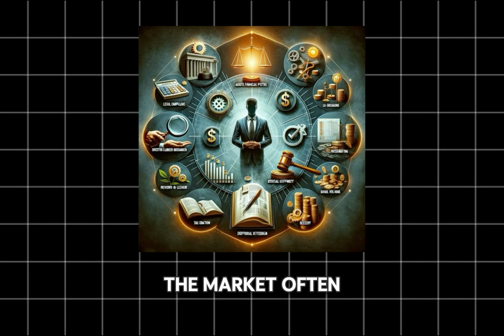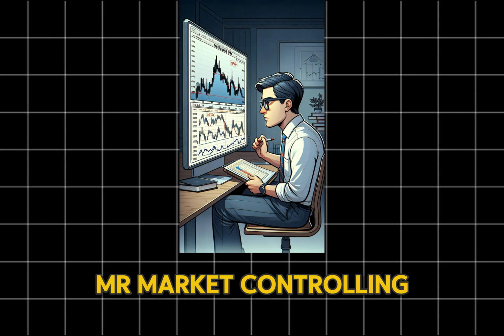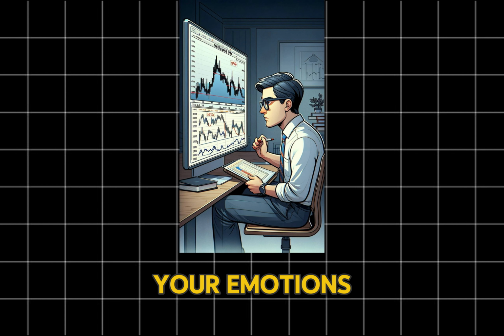He argues that the market often misprices stocks due to emotions like fear and greed, creating opportunities for patient investors to buy undervalued companies. By focusing on long-term value rather than short-term price fluctuations, investors can achieve steady and reliable returns.